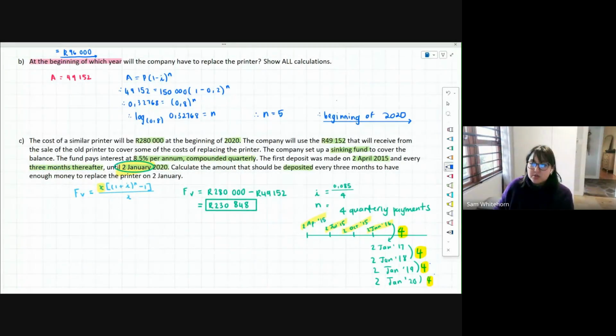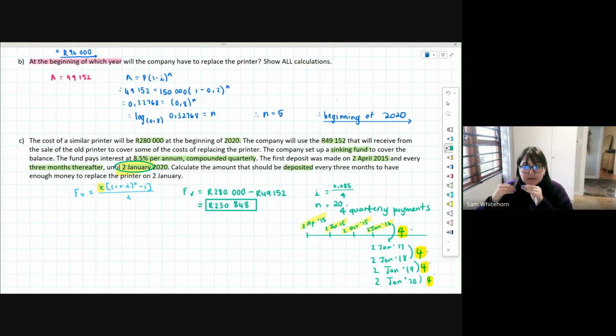So 4, 8, 12, 16, 20. So N in this case is going to be equal to 20 quarterly payments, because remember, N represents how often you make your deposit or your installment payment. And because we're doing that 20 times over these quarters, over the period that has been given to us, N is equal to 20.